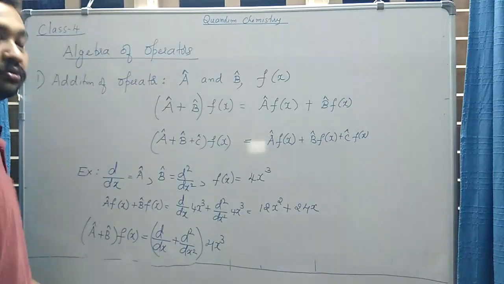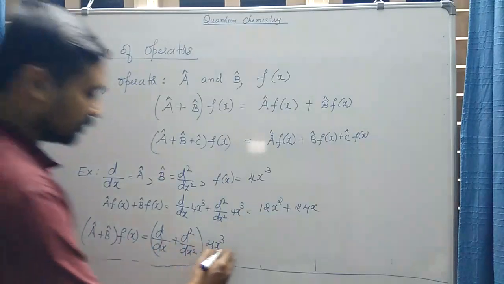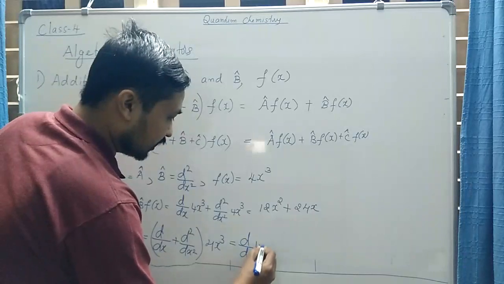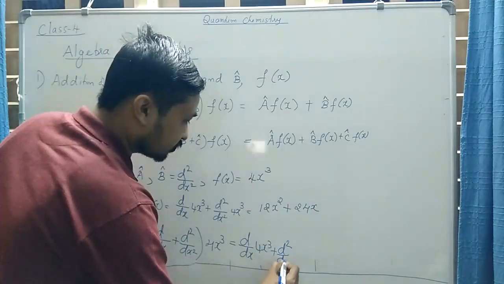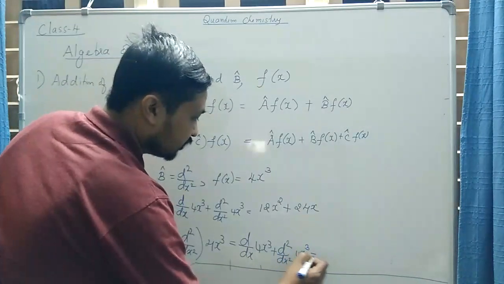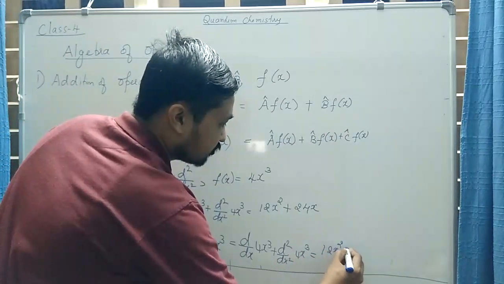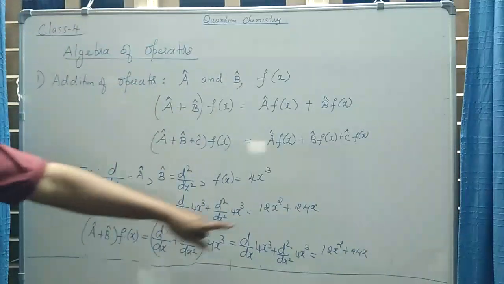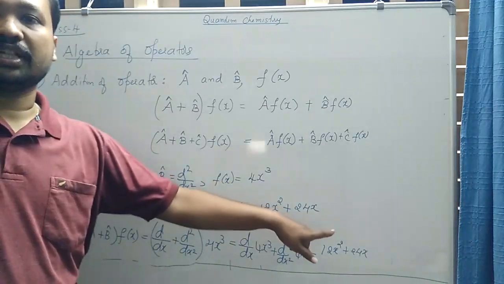And you know the property of differentiation, this can be written as d by dx of 4x cube plus d square by dx square of 4x cube. If you apply this differentiation, it turns out to be 12x square plus 24x. It is nothing but the same as the above outcome.